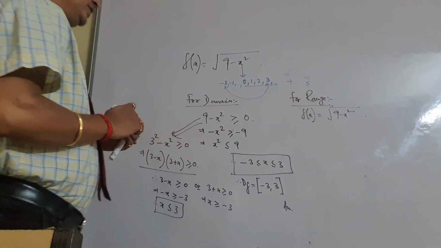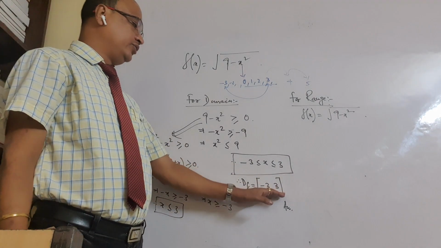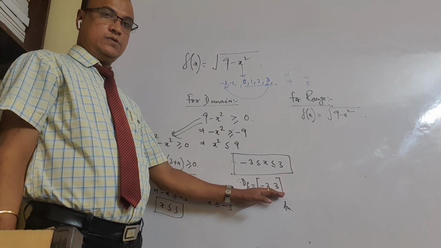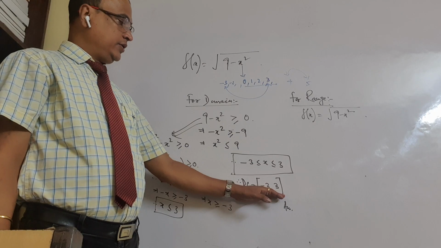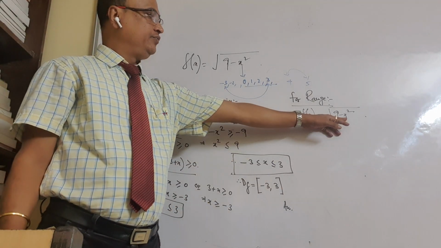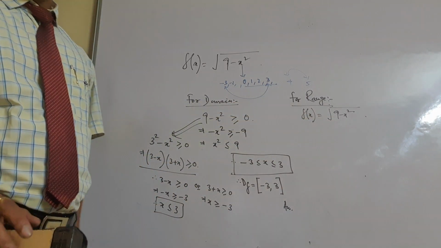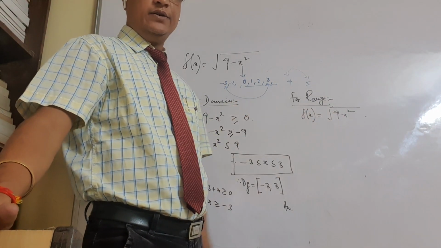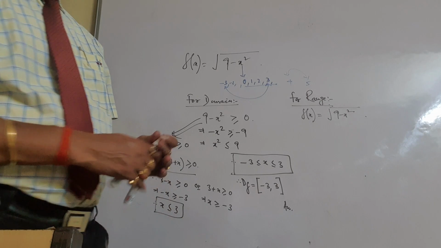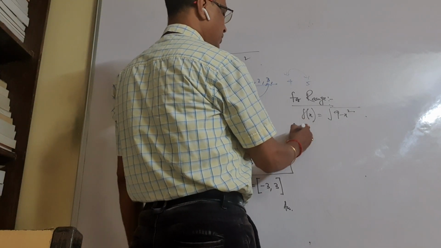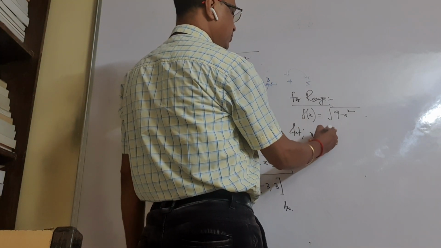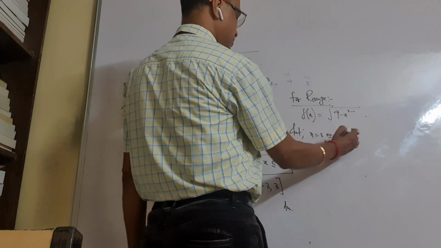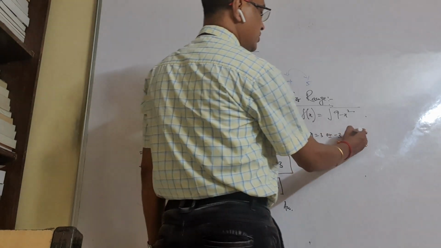So if you are taking the values from minus 3 to 3, if you put here x value 3, what is the value of y? It is 0. If you are putting x equal to 3 or minus 3, you are getting y equal to 0.